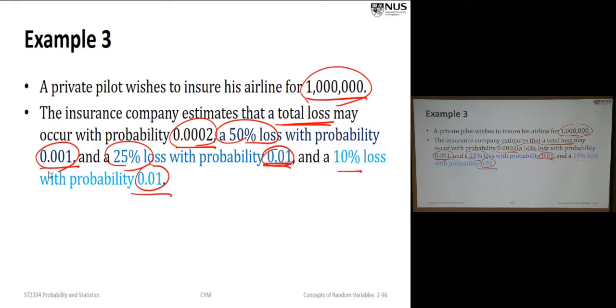Of course, you can argue, how about 60% loss? How about 75%? Or 73% loss? We don't take that into consideration. So basically, I break down the loss, which is from 0 to 1 million, into only a few levels.